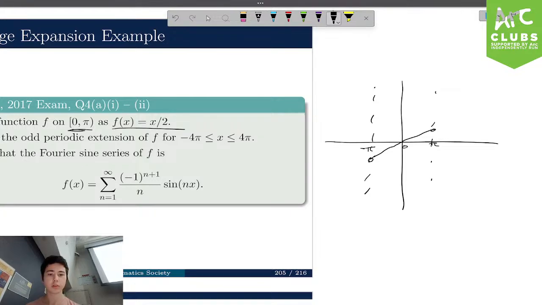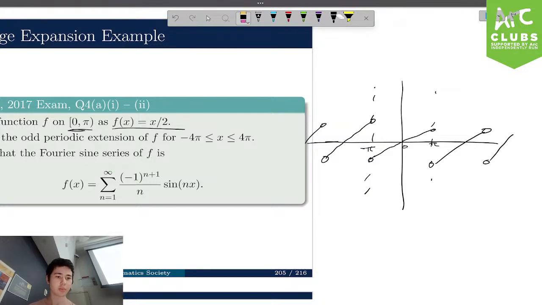And we proceed to make it periodic. Mind the little mess. I can't draw a straight line even if my life depends on it. But I think we get the point.